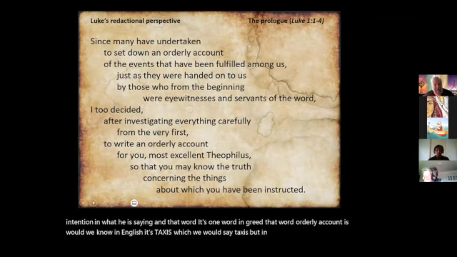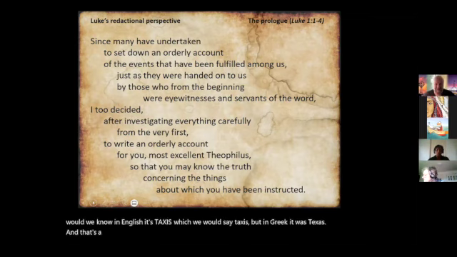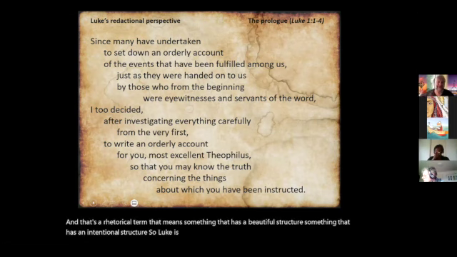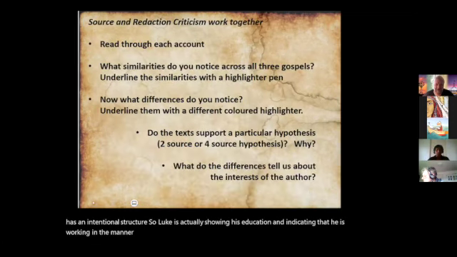And that's a rhetorical term that means something that has a beautiful structure, something that has an intentional structure. So Luke is actually showing his education and indicating that he is working in the manner of an educated writer of the time.